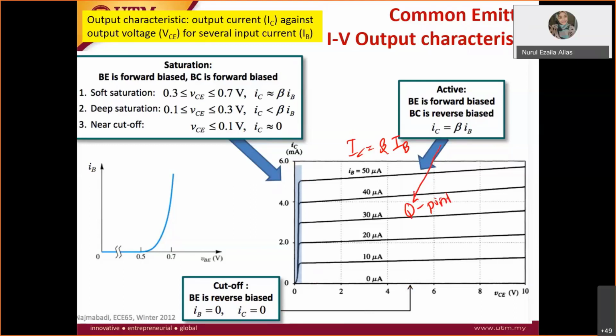Here the BJT will behave as an amplifier. Why? Because this is the active region, where VBE is forward bias and BC is reverse bias.